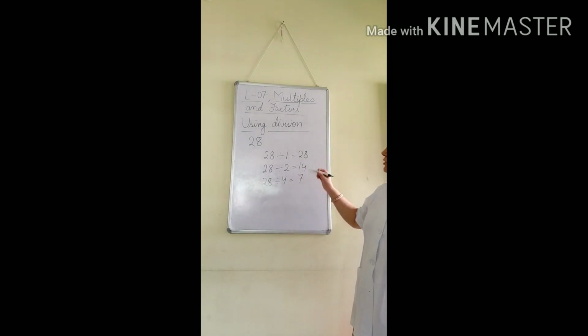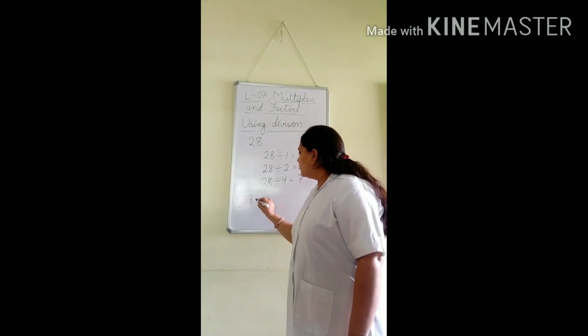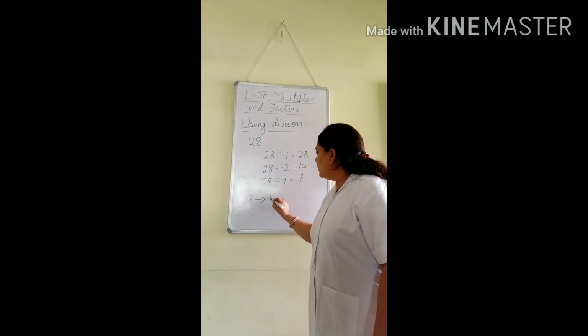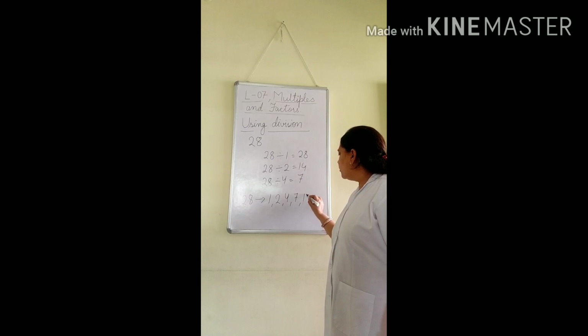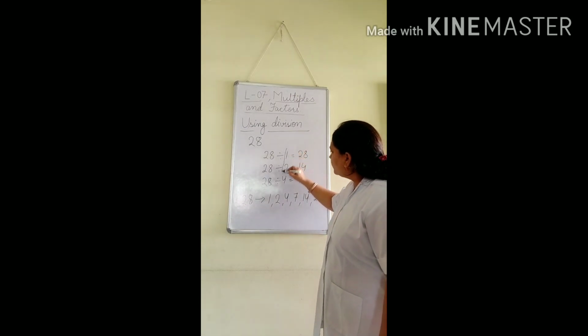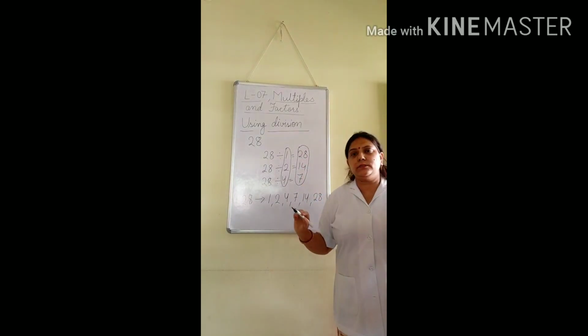Now the factors of 28 are 1, 2, 4, 7, 14 and 28. See here, these are the factors and these are also the factors of that.